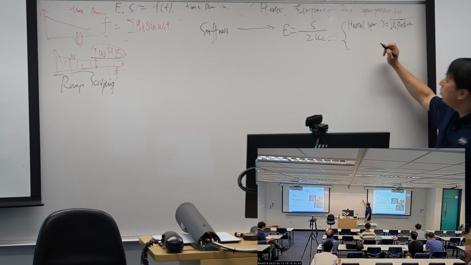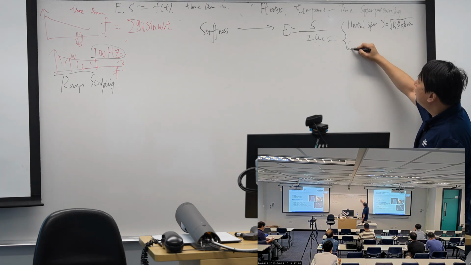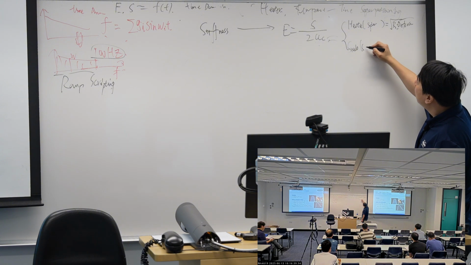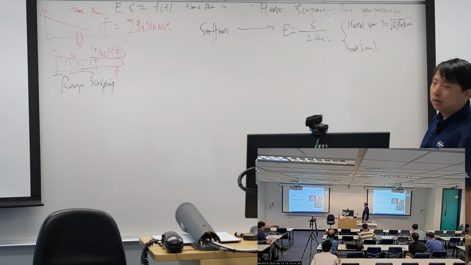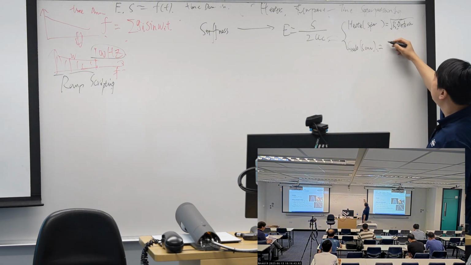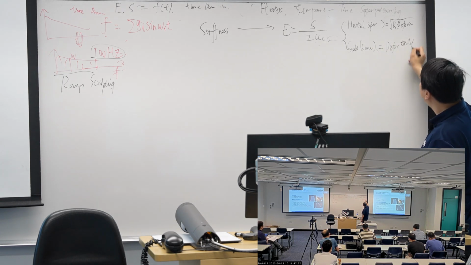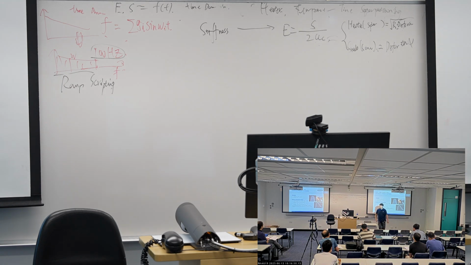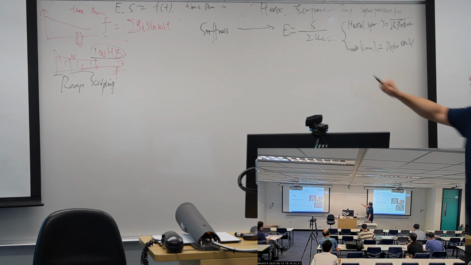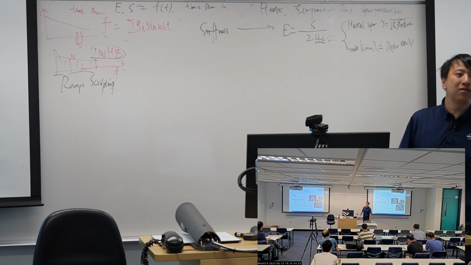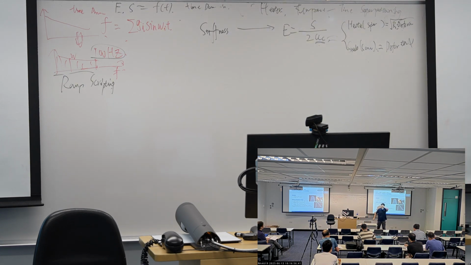And even if we are using the Sneddon model, we think it's a cone. It's also equal to the deformation times tangent alpha. So the point is the Ac is not constant. It changes with time.